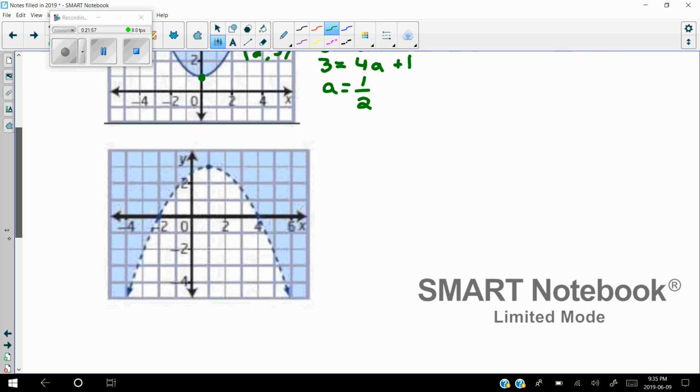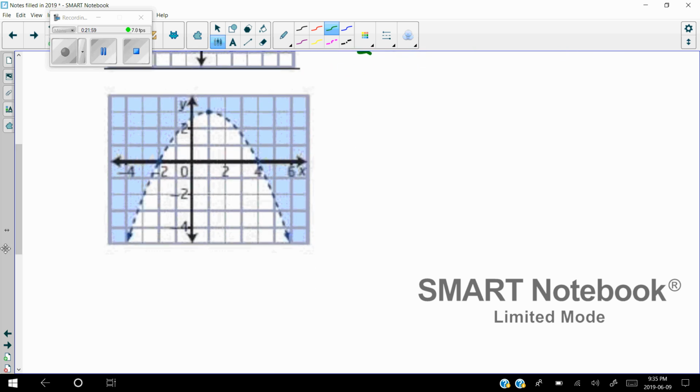I'm going to do the same process. This one I see my vertex as -1 for my x value and positive 3 for my y.